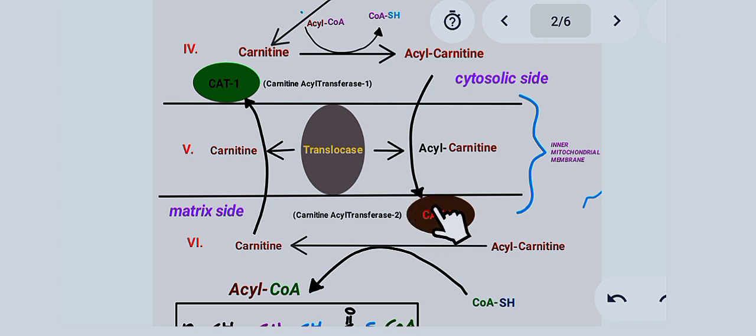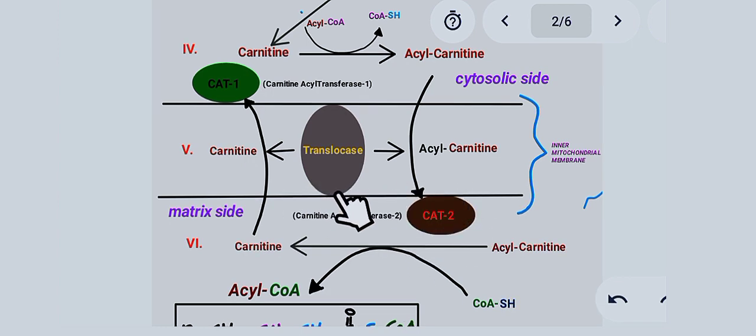Now, when acylcarnitine enters the mitochondria, on the matrix side of the inner mitochondrial membrane, we have another enzyme. This enzyme is called carnitine acyltransferase 2, or carnitine palmitoyltransferase 2, CPT2. Carnitine palmitoyltransferase 2 is going to convert acylcarnitine back to acyl-CoA.